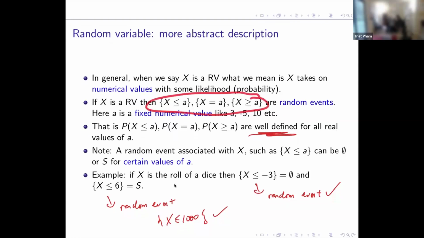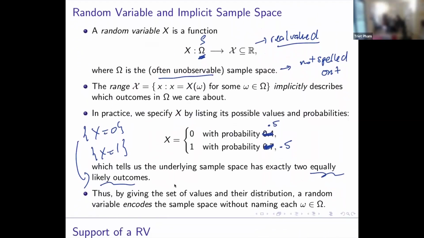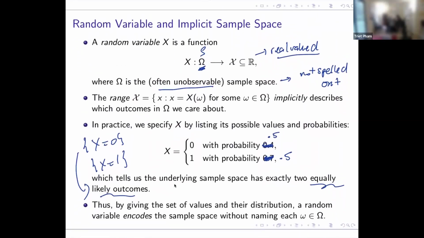Okay, and a random variable basically can be viewed as an implicit sample space, meaning that it's definitely connected with probability and events and outcomes, as we discussed in the previous 4 lectures or so.